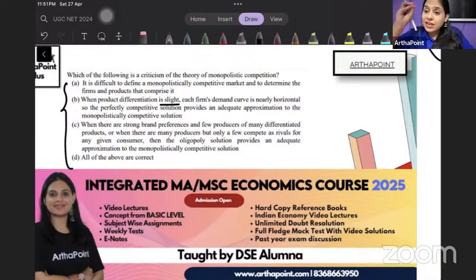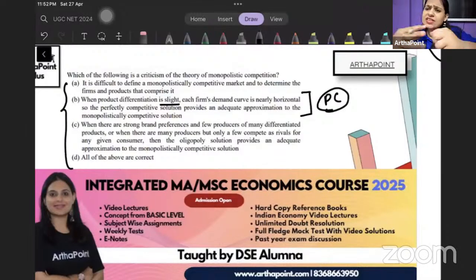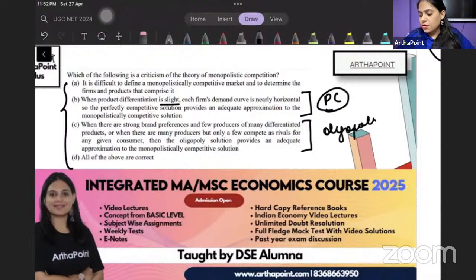And if there are very very few producers, then it is close to oligopoly. तो sometimes हमें ऐसा लगेगा that it is like perfect competition when products are very very similar to each other, and sometimes we may feel that it is like oligopoly when firms are very very less in the market. So there is no clear definition of monopolistic competition in a lot of markets, and all these 3 points are the criticisms of monopolistic competition.